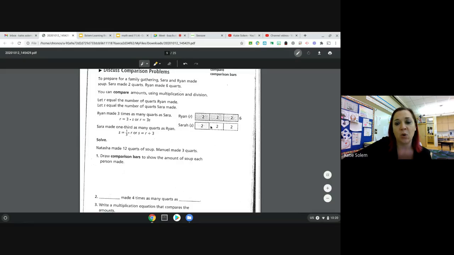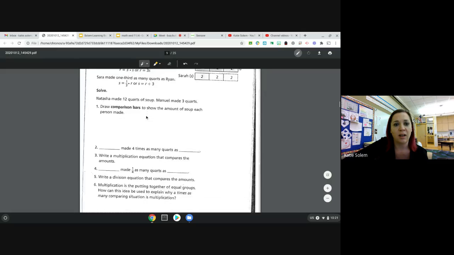Now, it broke it down into Ryan had 2, 4, 6, and Sarah had just 2. So Ryan had 3 times as much as Sarah because 3 times 2 equals 6. We can say that in reverse as a fraction as saying Sarah had 1/3 as many as Ryan.